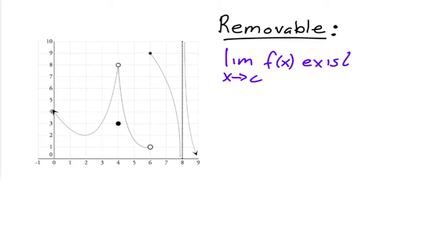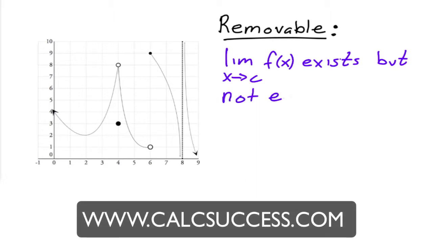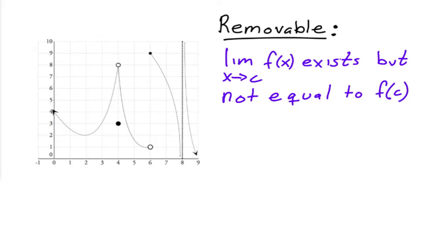So if it exists, but it's not equal to f of c. Basically, if at any point the limit exists, but the limit isn't equal to the value of the function, then that's going to be a removable discontinuity.